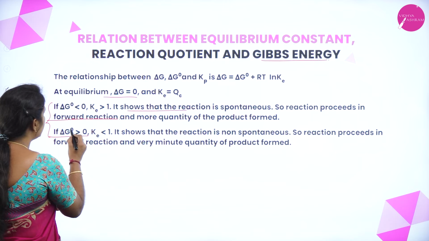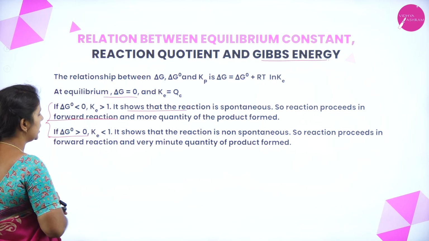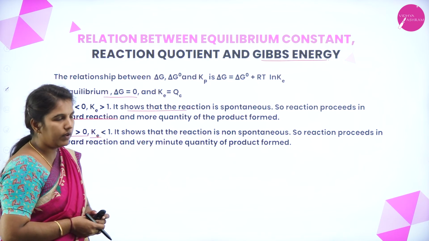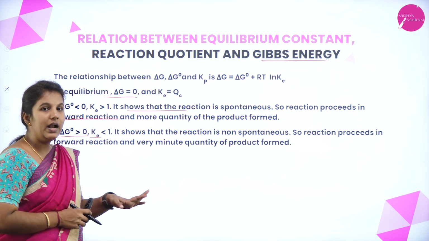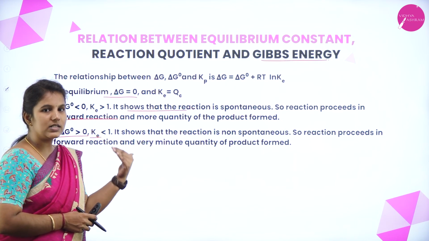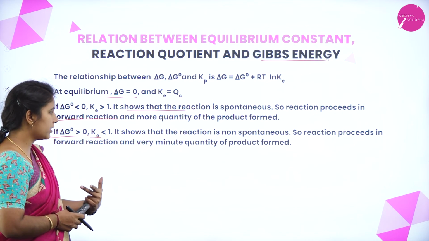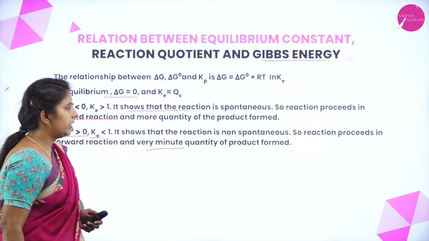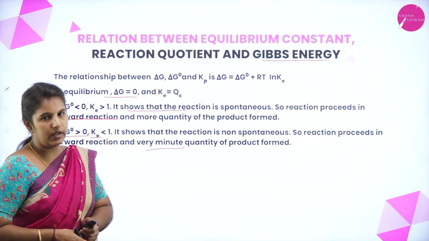Suppose the delta G naught value is greater than 0, then the Kc value becomes lesser than 1. In such cases, we say that it is a non-spontaneous process and it is nothing but a backward reaction, and only a very minute quantity of product is formed.